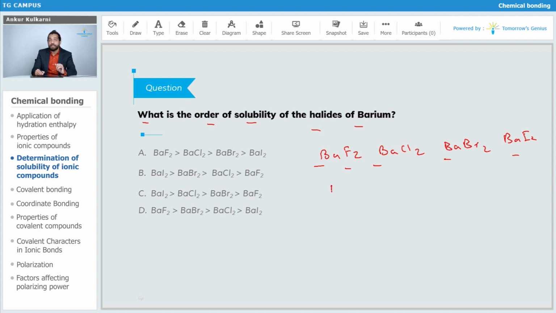So among fluorine, chlorine, bromine and iodine, which has the least size? Obviously fluorine has the least size, so it will be more soluble. So fluorine, then chlorine, then bromine and then iodine. Hence barium fluoride will be most soluble, then barium chloride, then barium bromide, and then barium iodide. So your correct answer is option A.